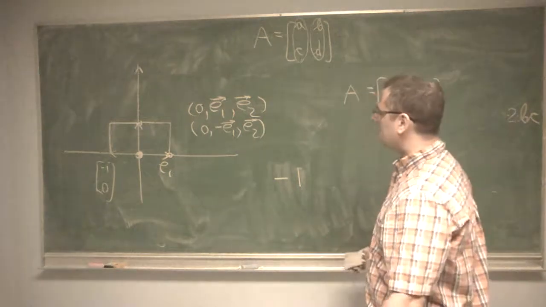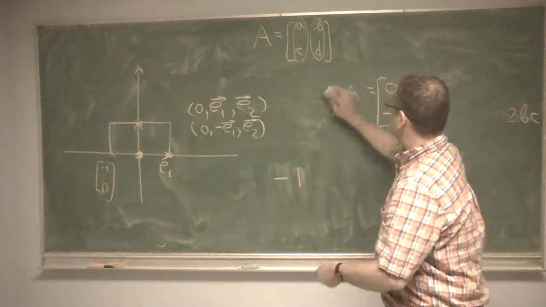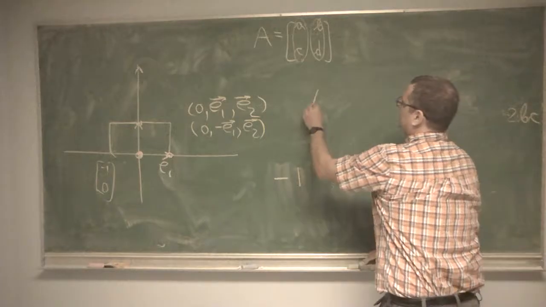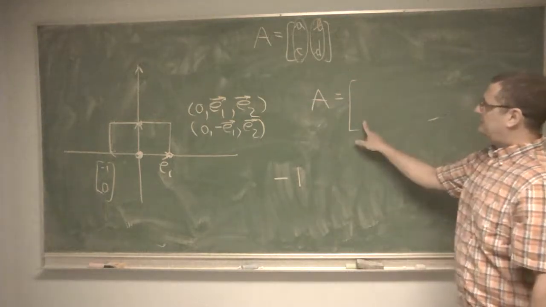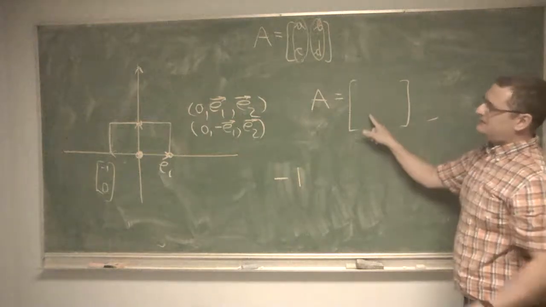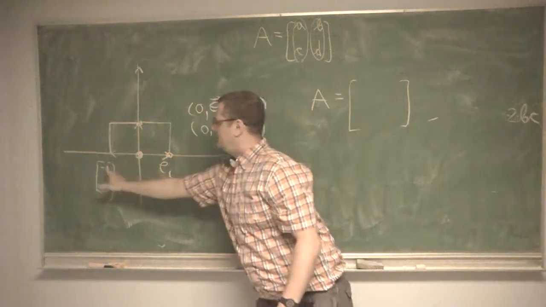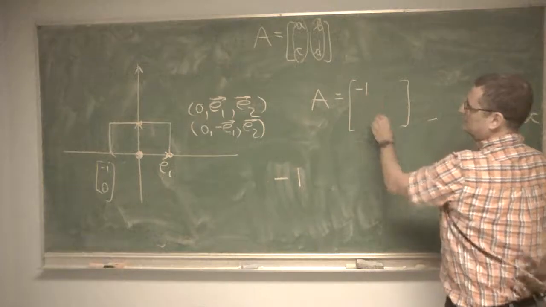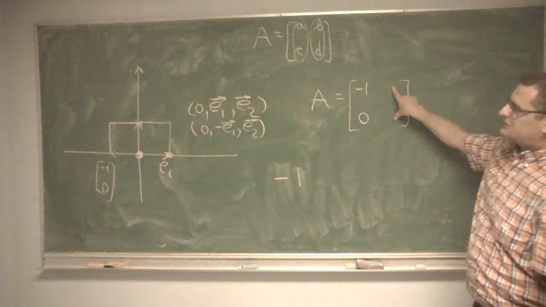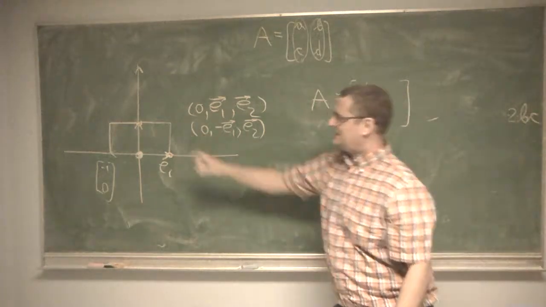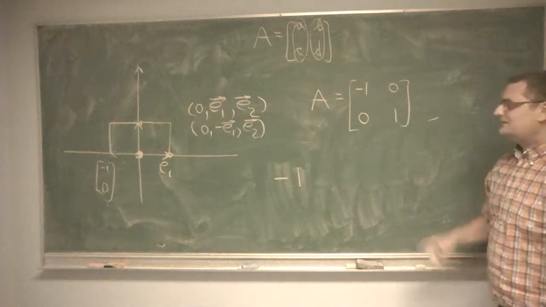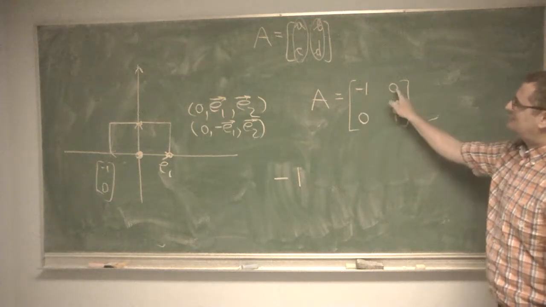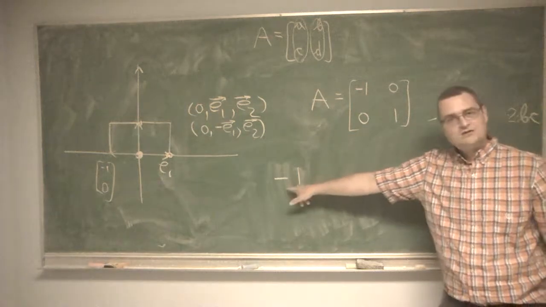Now, let's just check. For this flip, the first column is the image of E1, that's -E1, that's -1, 0. What's the image of E2? Well, that's E2, that's vector 0, 1. What's the determinant? It's this times this minus this times this, which is exactly -1, which is exactly what we predicted.